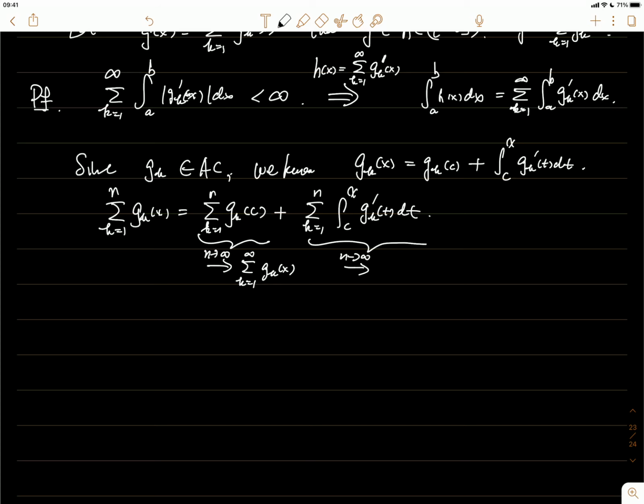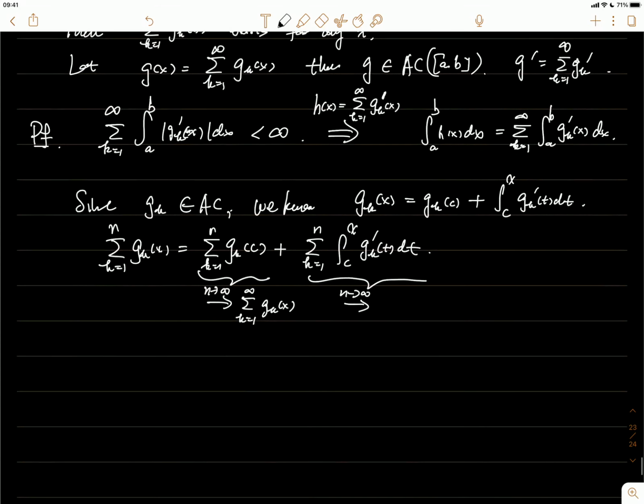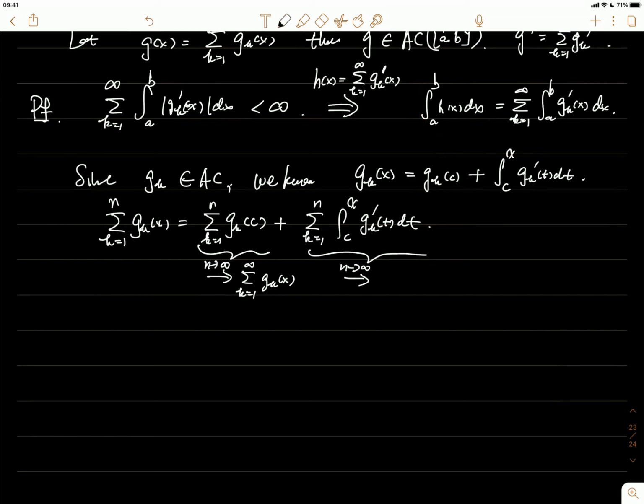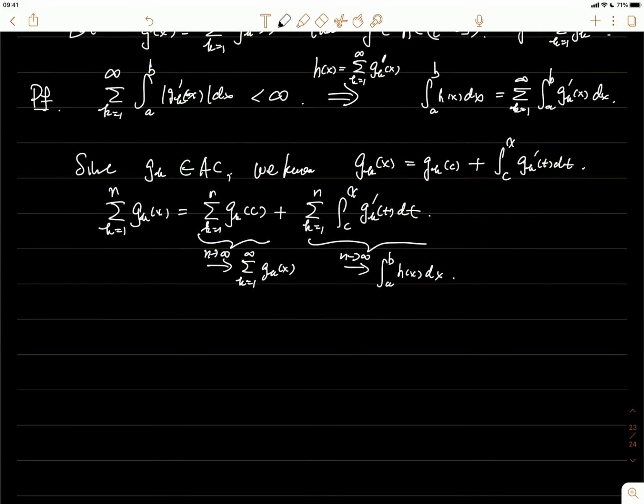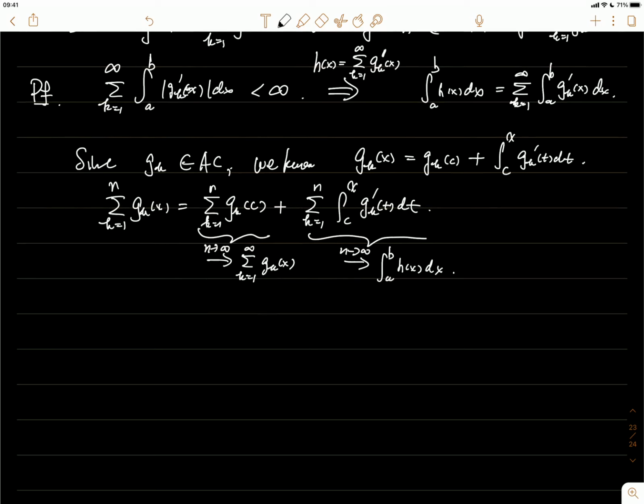So the infinite sum approaches this integral. This is what happens on the right-hand side when we take n to infinity, and they're all well defined. So it's not a to b, but it's c to x.